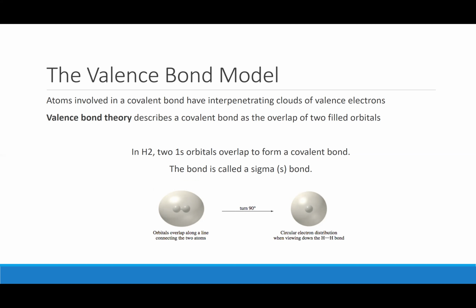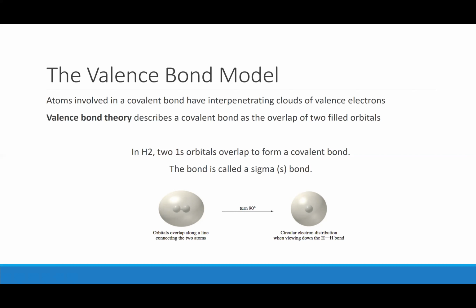So the valence bond theory describes a covalent bond as an overlap of two filled orbitals. We think of the singular orbitals, remember, we talked about those in chapter 1, and their electron density. And a covalent bond is the overlap of these two orbitals.